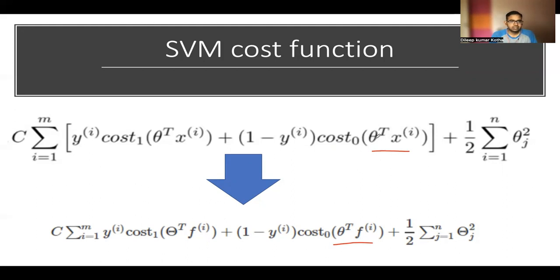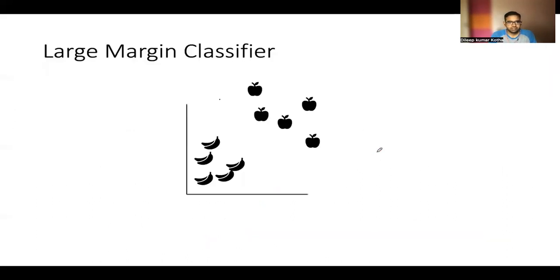Okay. So support vector machines are also called large margin classifiers. So why are they called that way? Say if we are classifying between apples and bananas, and if we use logistic regression, we may get a classifier that looks like this. We may get a classifier that looks like this.